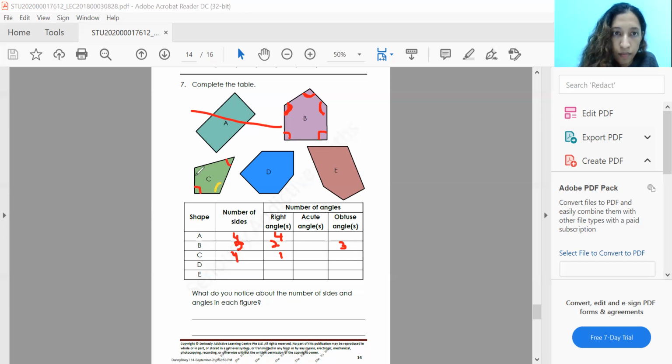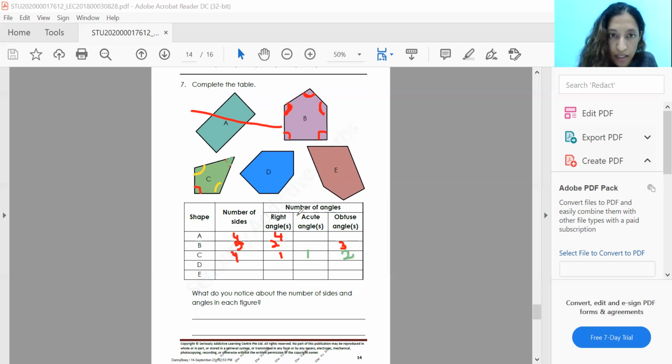And this. And this. So you could tell that this one over here is an acute angle. So there's only 1 acute angle. And how many obtuse angles are there? 1 and 2, the yellow one. All right.